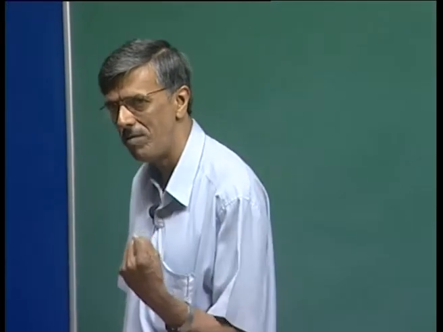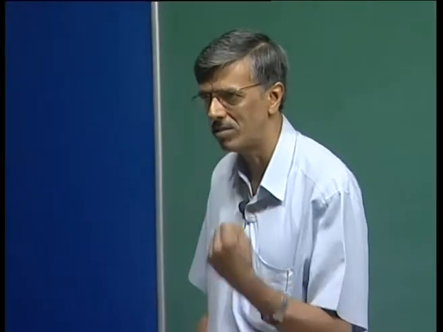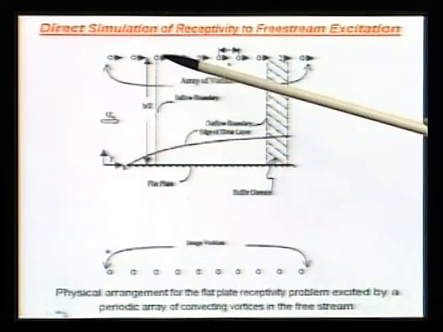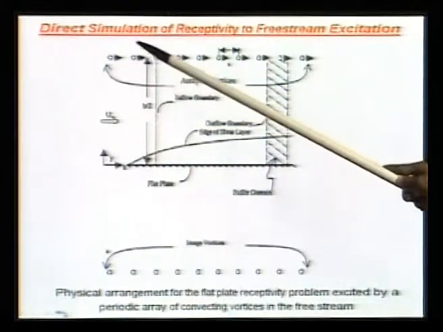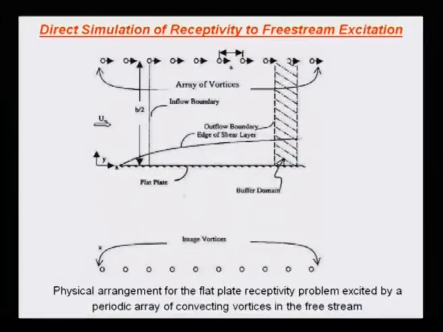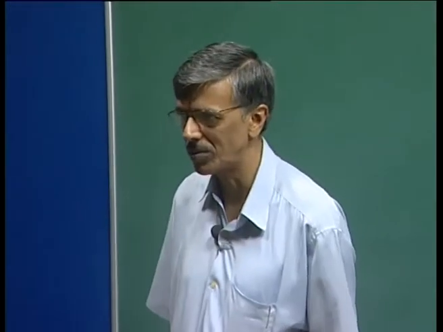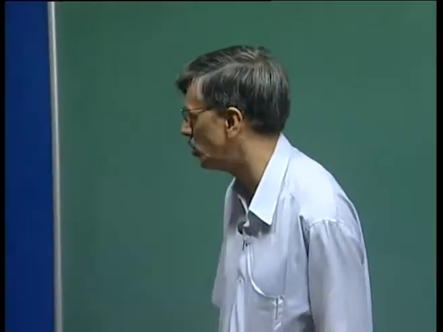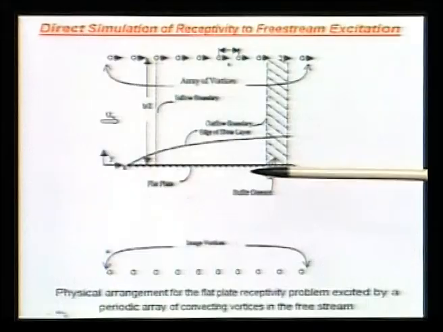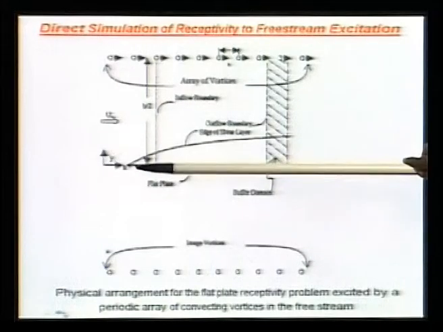So we have each of the parameters in our control. I could vary this height, I could vary the spacing, I could vary the speed of convection. All these things are our parameters of study. Supposedly such a thing is happening over a flat plate boundary layer with a sharp leading edge.